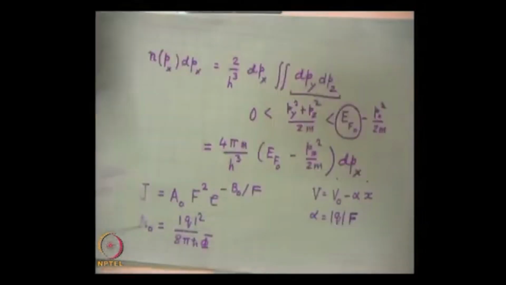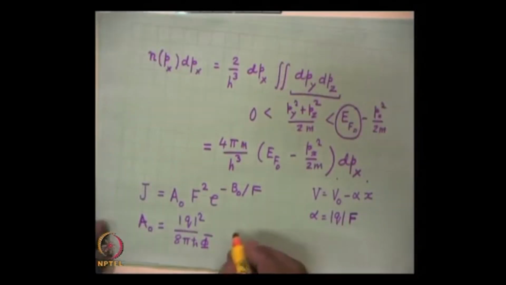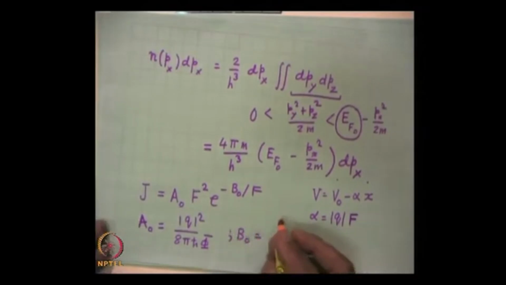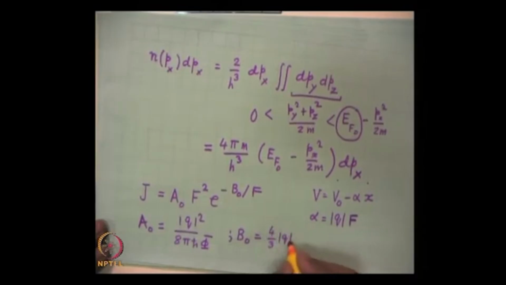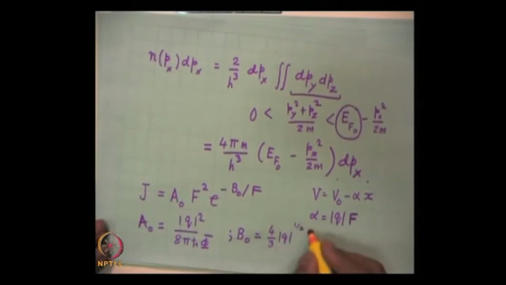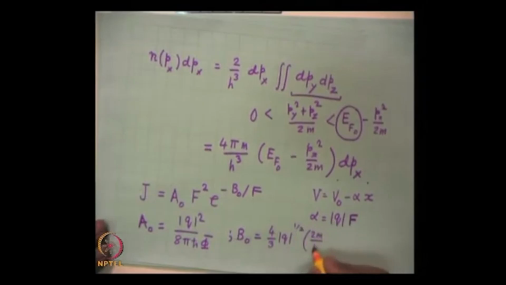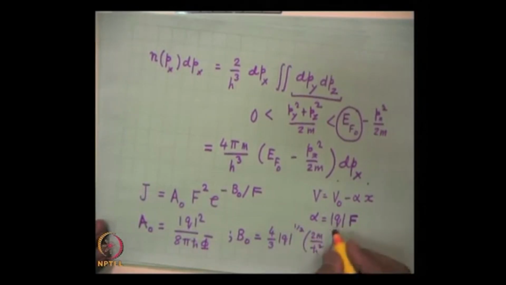And then B naught is equal to 4 by 3 q raised to the power of half, 2 m by h cross square raised to the power of half, phi raised to the power of 3 by 2.